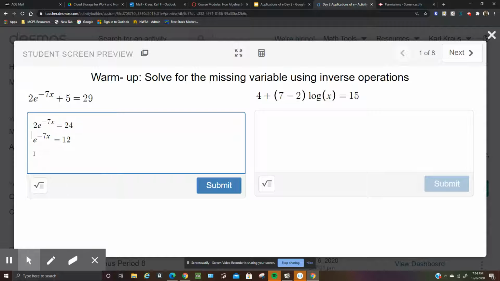And then change this exponential to a log equation. So log base e of 12 equals negative 7x.